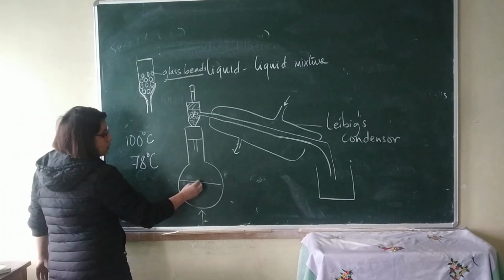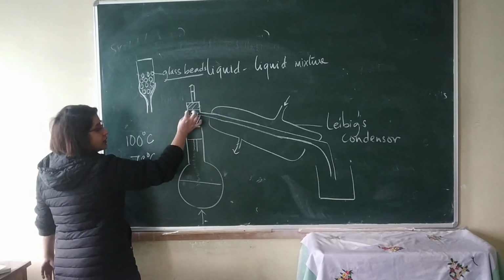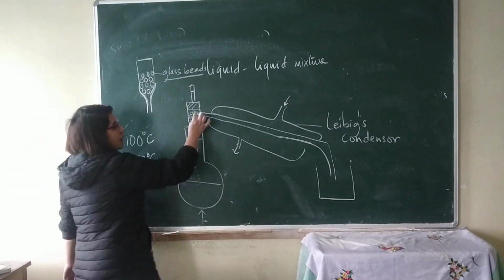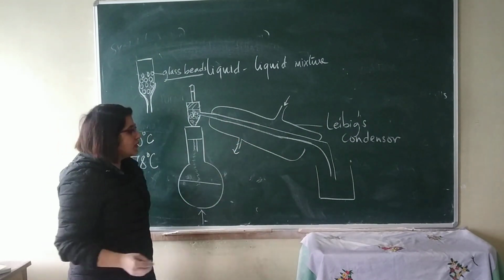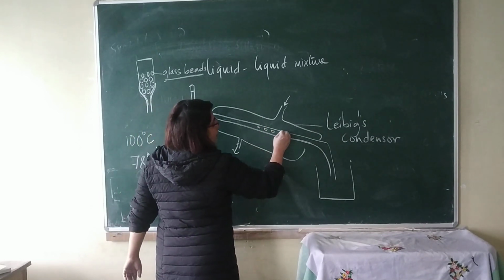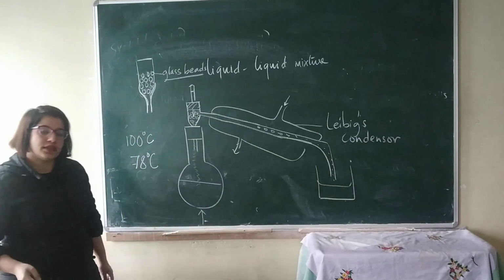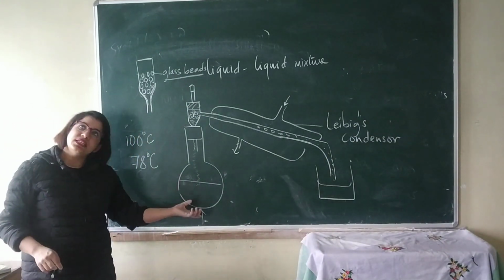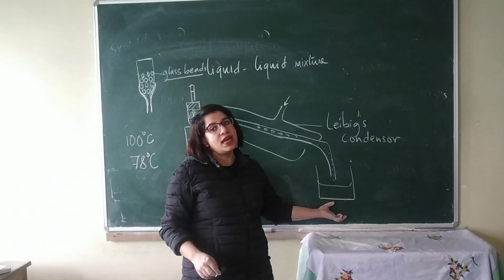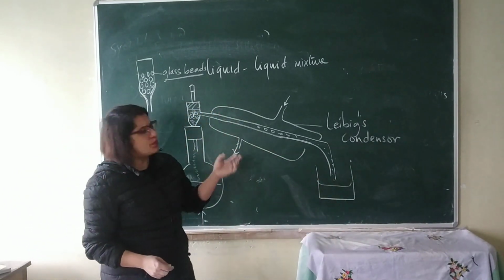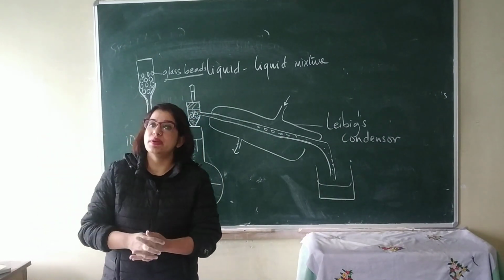Once alcohol starts boiling, the vapor will reach inside the fractionating column, then enter the delivery tube and reach the Liebig's condenser, change into droplets, and then be collected here. So finally, what is left behind here? Water. And what do we get here? Alcohol. So by this process, we can easily separate a mixture of miscible liquids.